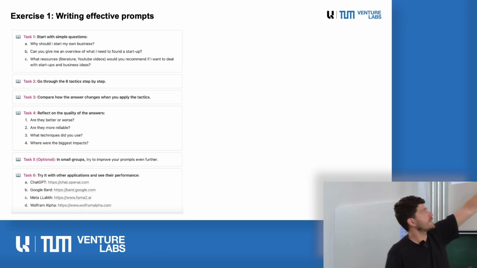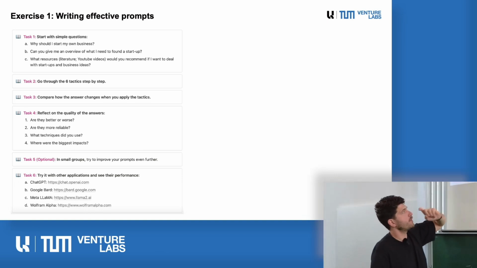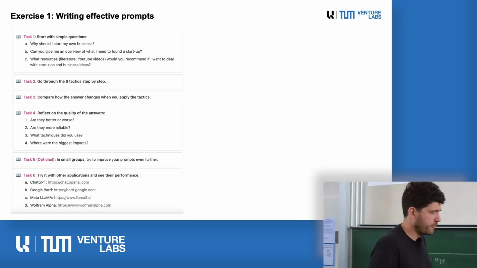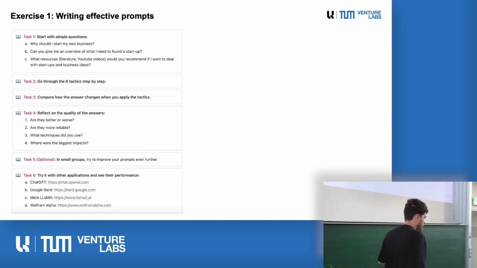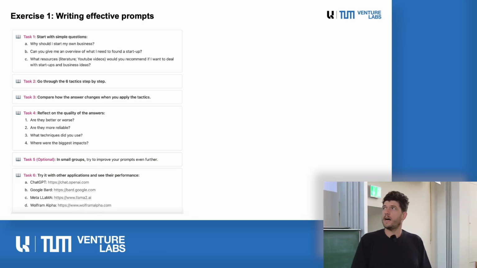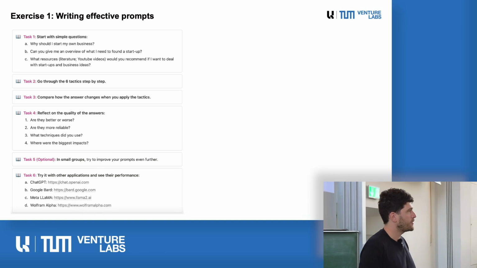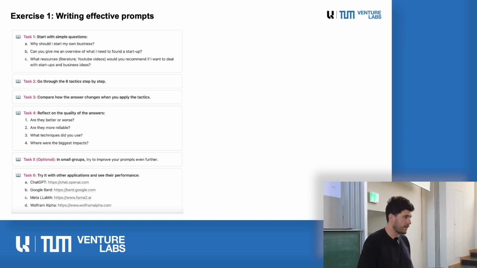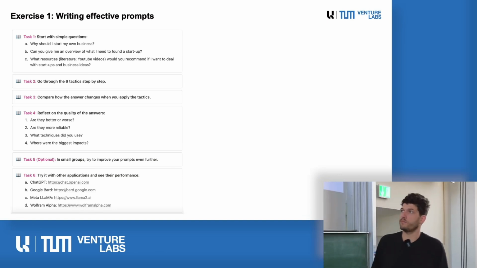Llama, there's a Llama 2 front end at Llama 2.ai, and maybe even Wolfram Alpha, which is an AI that is not based on an LLM, but is a very factual, fact-based AI, good old AI, as they say. See how different answers you get with different prompt engineering techniques, and what the strengths and weaknesses of the different tools are.